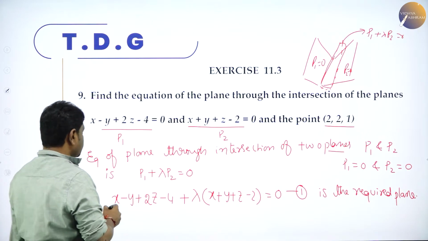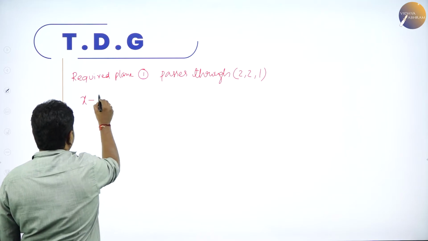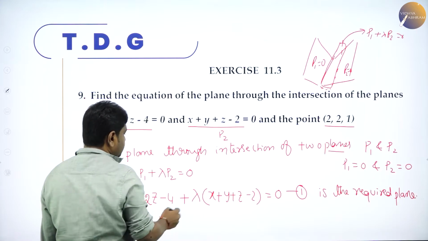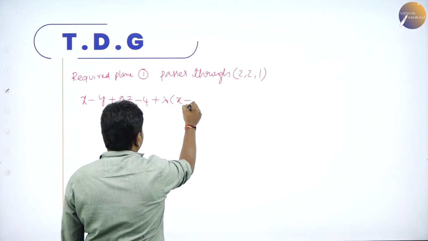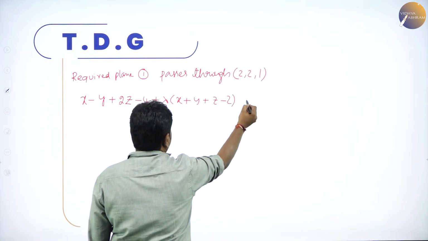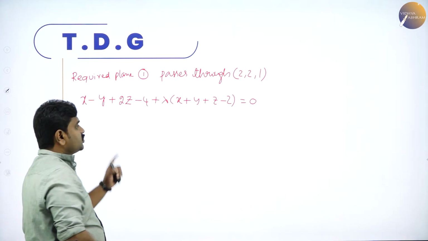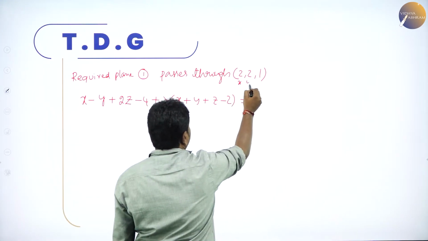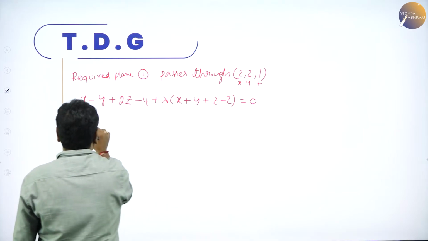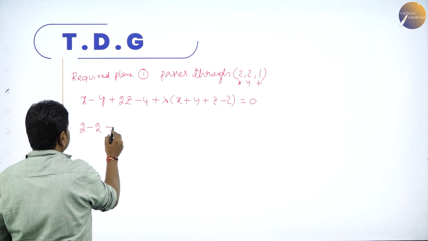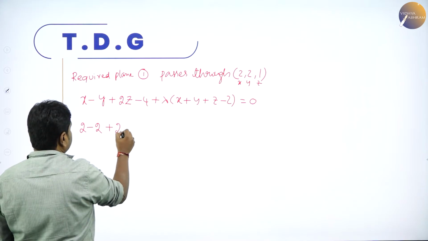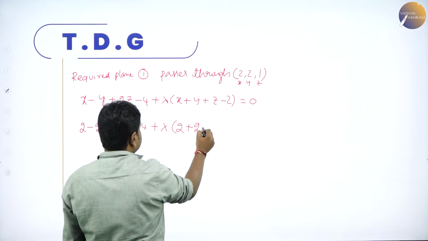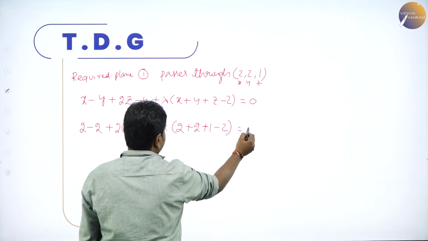So x minus y plus 2z minus 4 plus lambda times x plus y plus z minus 2 equal to 0. Substituting x, y, z: 2 minus 2 plus 2 times 1 minus 4 plus lambda times 2 plus 2 plus 1 minus 2 is equal to 0.